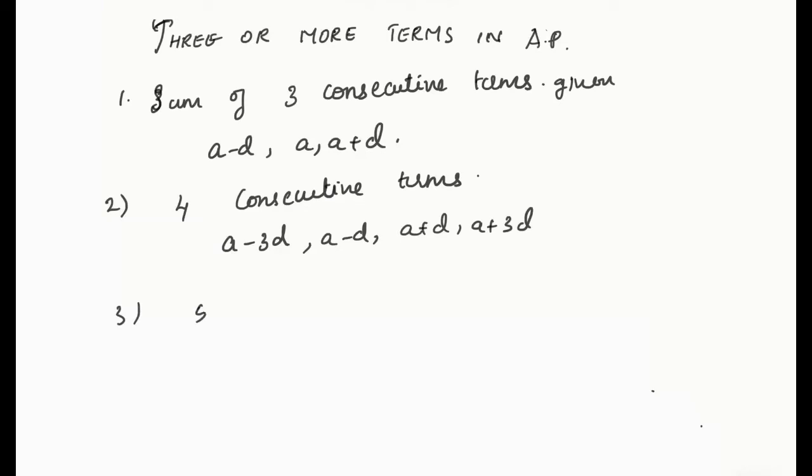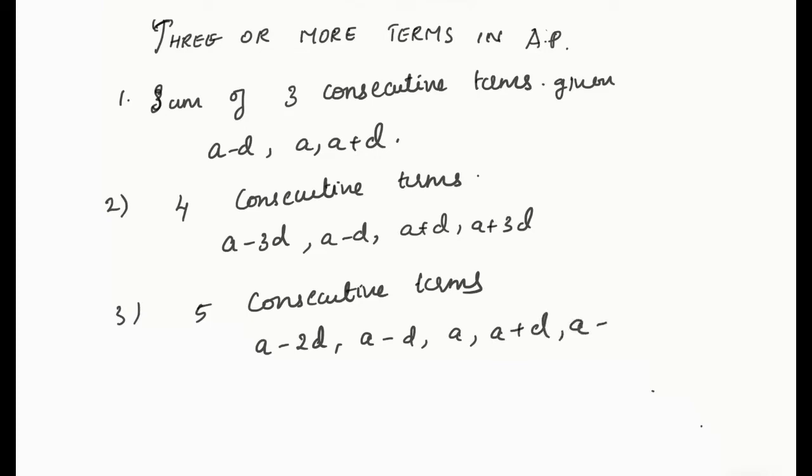Third one is 5 consecutive terms. When 5 consecutive terms are given, you take it as A minus 2D, A minus D, A, A plus D, A plus 2D.